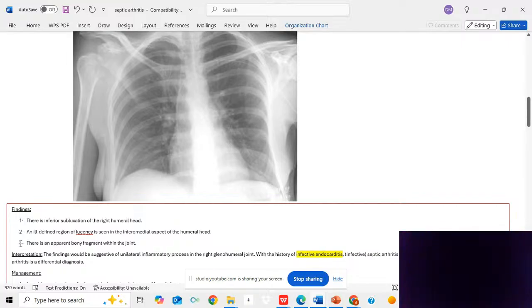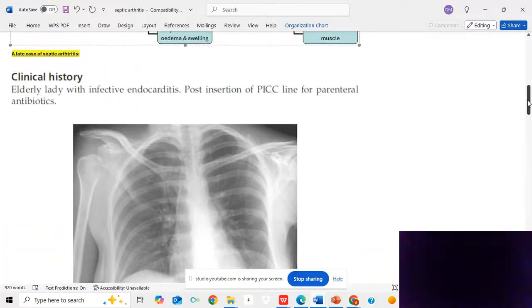Third finding, there is an apparent bony fragment within the joint due to bone destruction. Can you see it? This is a bony fragment seen intra-articular.